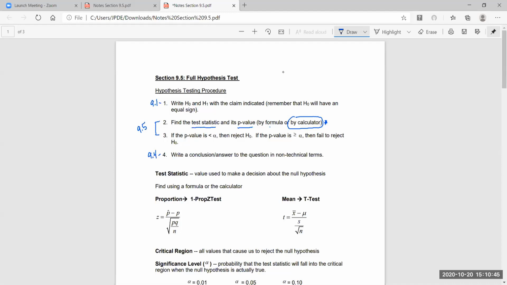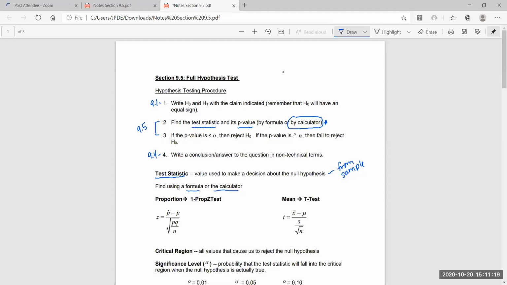Okay, so our first definition is something called the test statistic. It's a value used to make a decision about the null hypothesis. And you will be calculating this from the sample. And you can find your test statistic using a formula or the calculator, as I said.